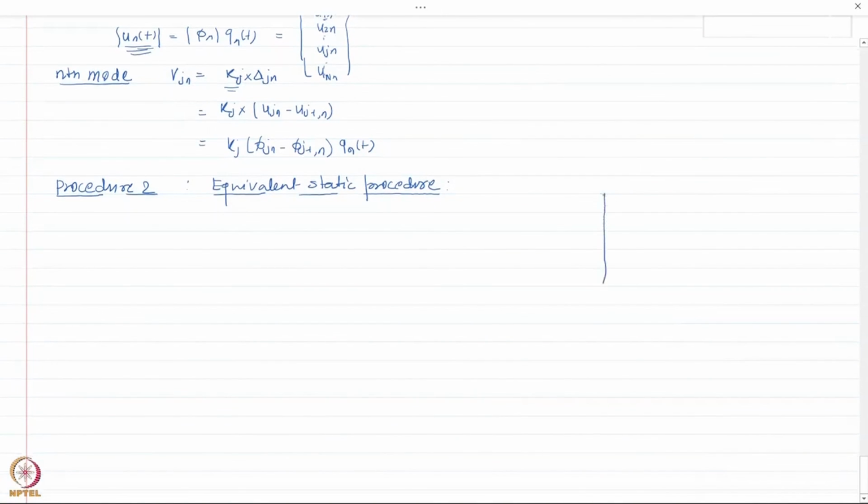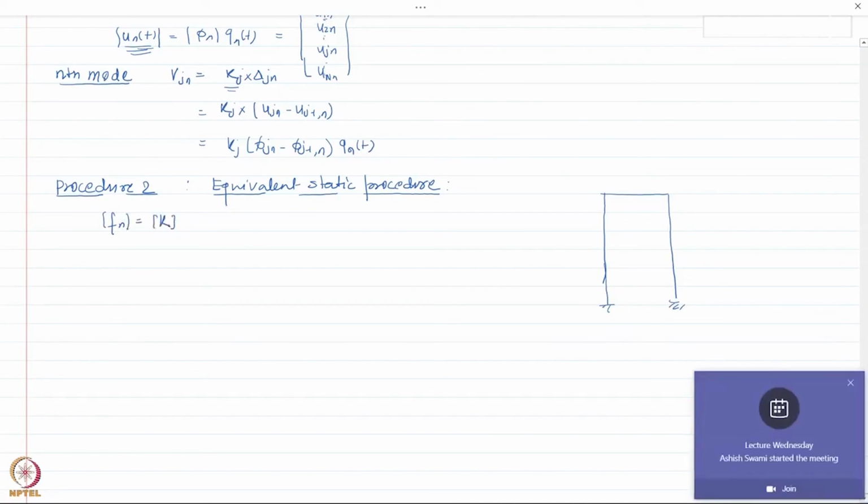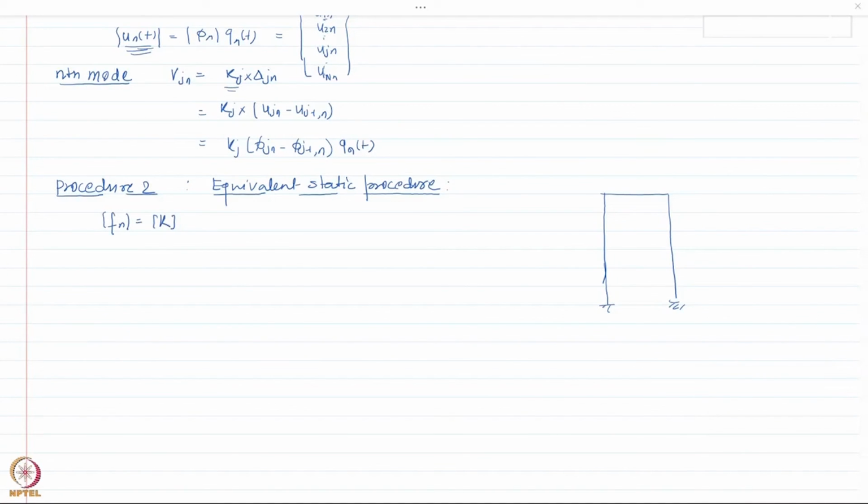Let us say I have a multi-story building like this again. The equivalent static force is nothing but the stiffness times the u n t, for the nth mode. This can be further written as k times phi n times qnt.